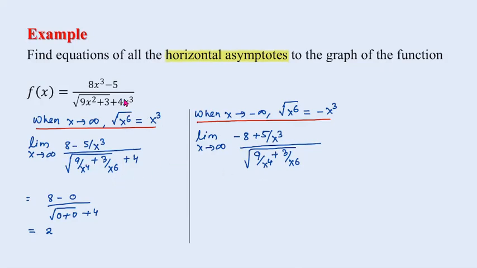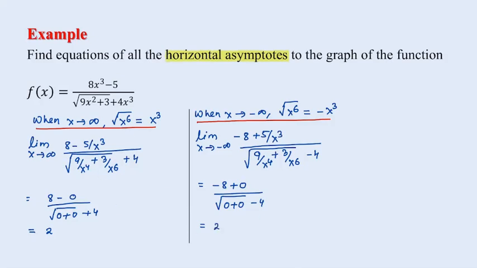And here, when you divide by negative x cubed, that will be negative 4. When x approaches negative infinity, this quantity is 0, this one is 0, this one is 0. So what we are getting is negative 8 plus 0 divided by square root of 0 plus 0, minus 4. Technically, negative 8 divided by negative 4, which is a positive 2.